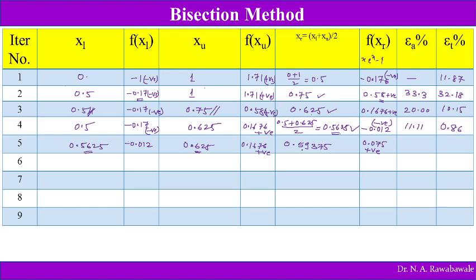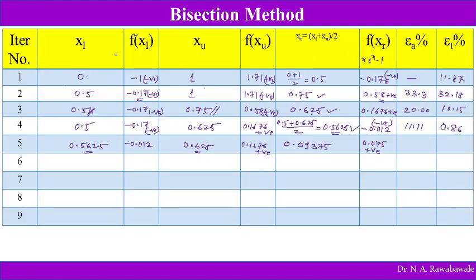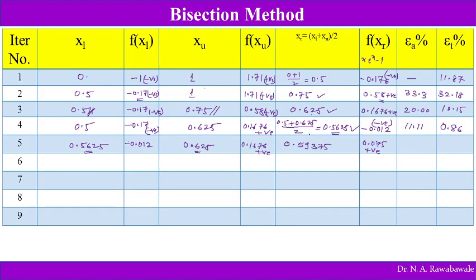New approximation is higher, so 0.59375 minus old approximation 0.5625, divided by 0.59375 into 100. If we multiply it by 100, then approximate error for this 0.59 and 0.56 is going to be 5.26%. So 5.26%.